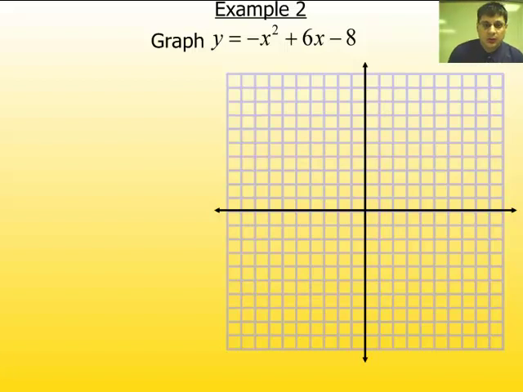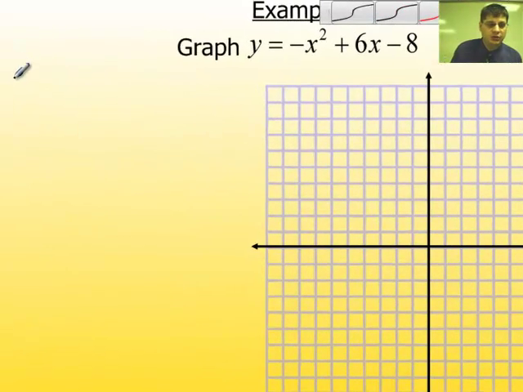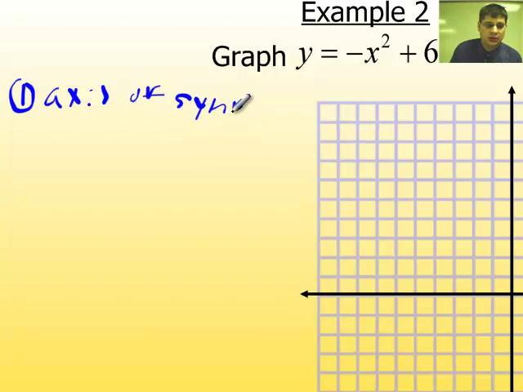The first thing I want to do when graphing something in standard form is get the axis of symmetry.